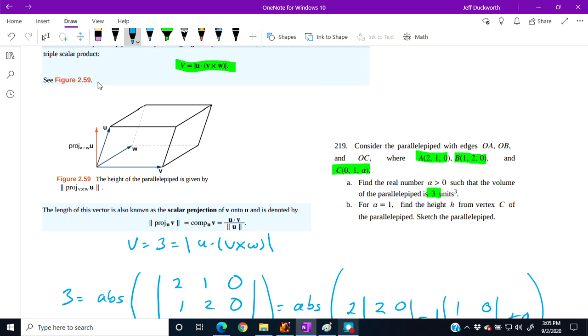So we're looking for the length of this guy here. And we can do that using this formula here. Now we talked about projection in the previous section. We didn't actually cover this formula. It was on one of the videos, but we didn't actually do an example with it.